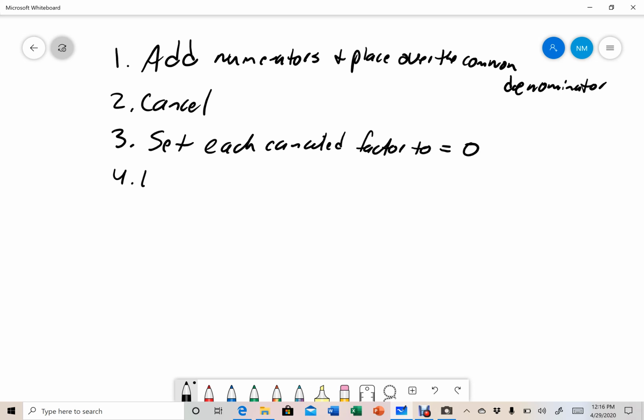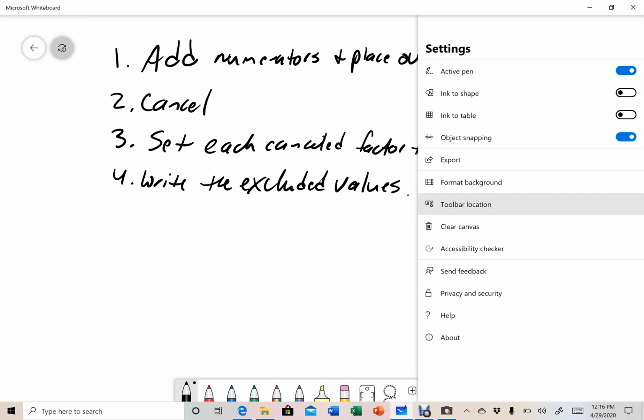And then number four, we're going to write the excluded values, just as we've been doing before. So real basic. This lesson really is not that difficult. We're covering basic common procedures here. Let's take a look at how we implement these rules into an actual problem.